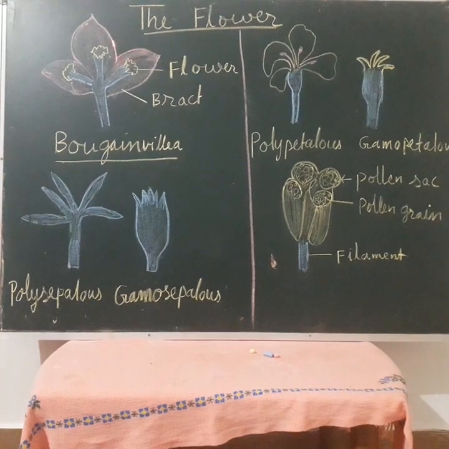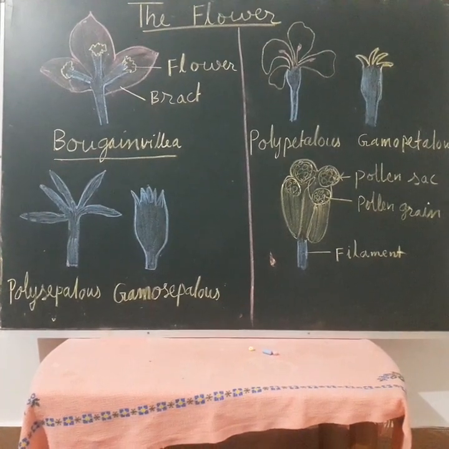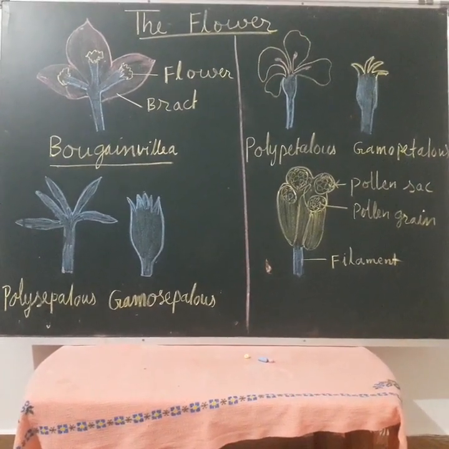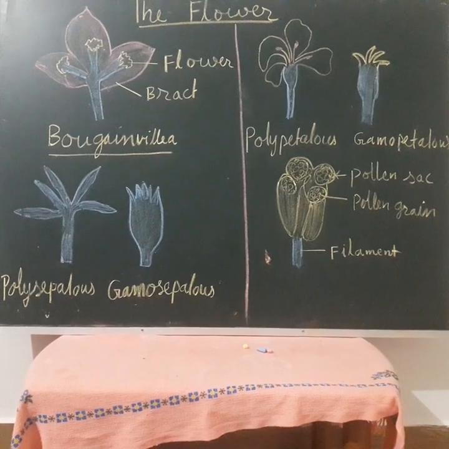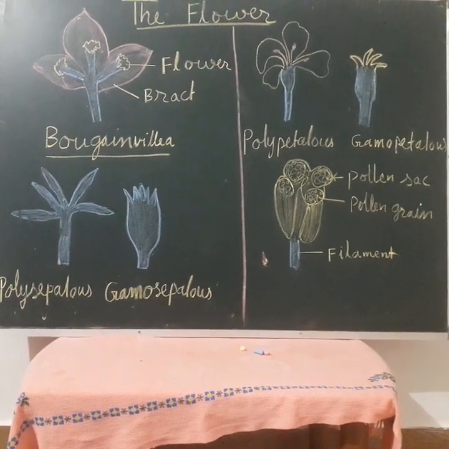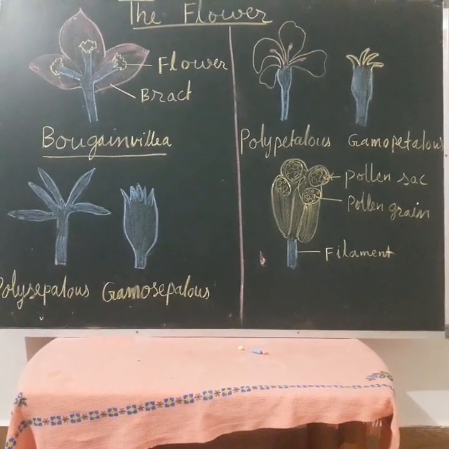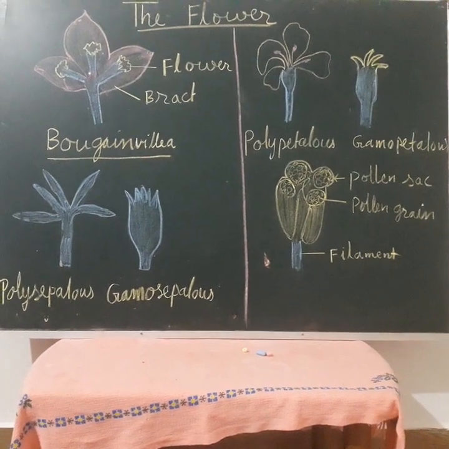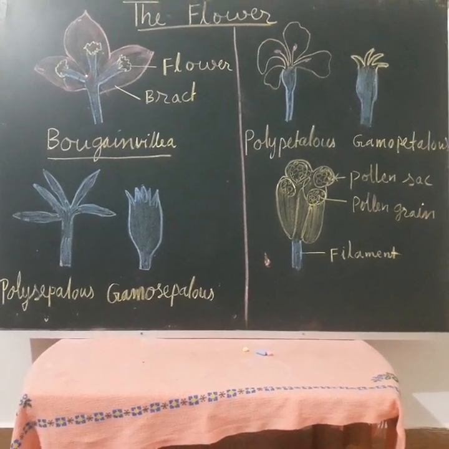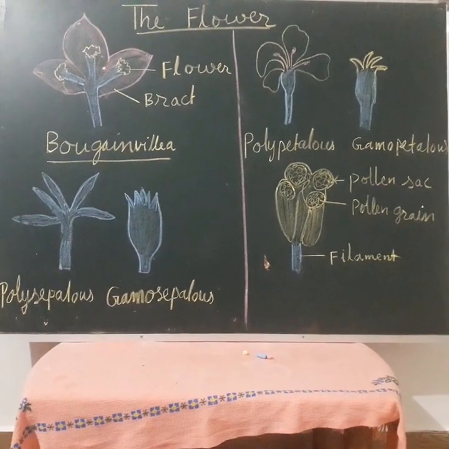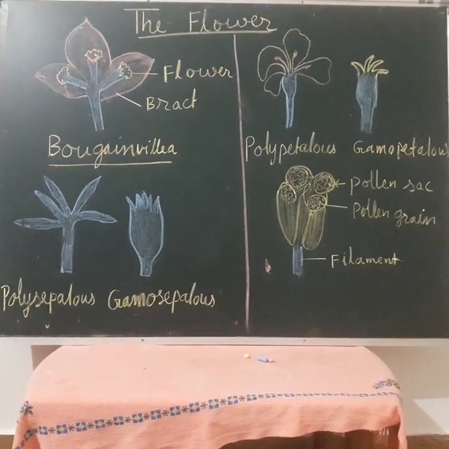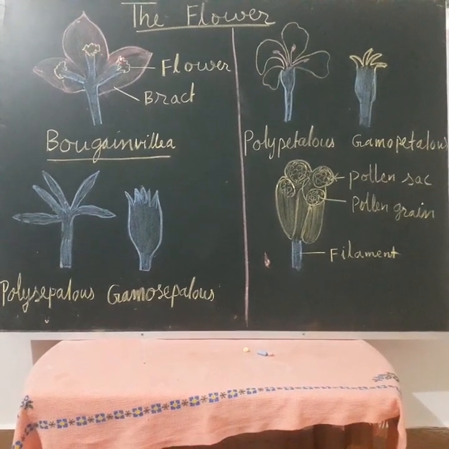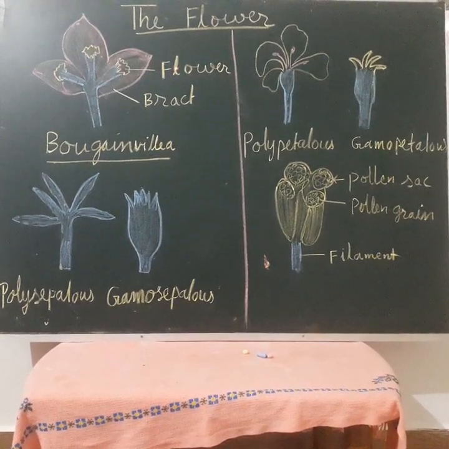This is the bract, because in most bougainvillea there are colorful bracts, maybe orange, white, pink, red, etc. But here you can see a flower arising from the axil of this leaf-like structure in the form of a cylinder, and the small flower on top of this cylinder is the flower.